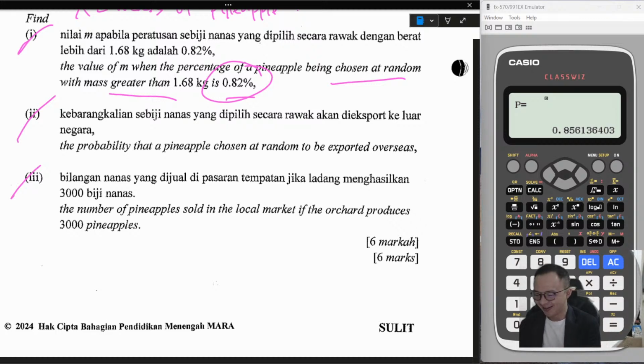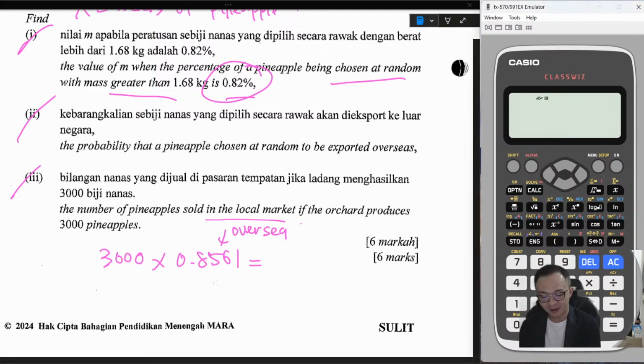Okay, so right now, in the local market, we have 3,000, and 0.8561 is sales overseas. So I want to see how much the sale overseas is, then after that I can know how much the sale local is.